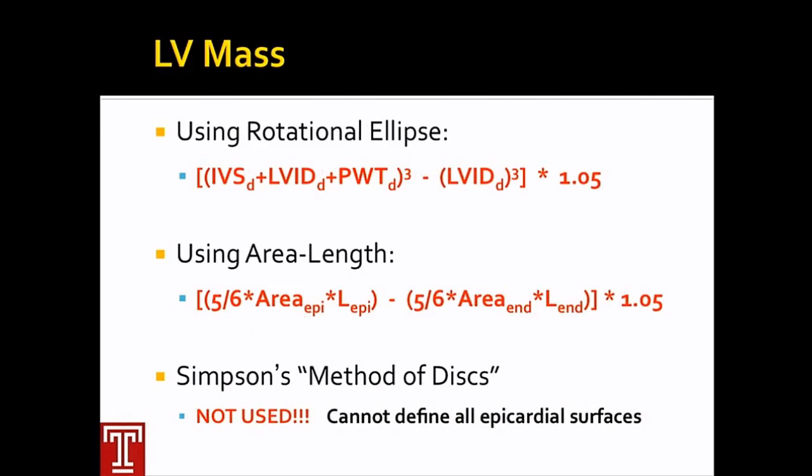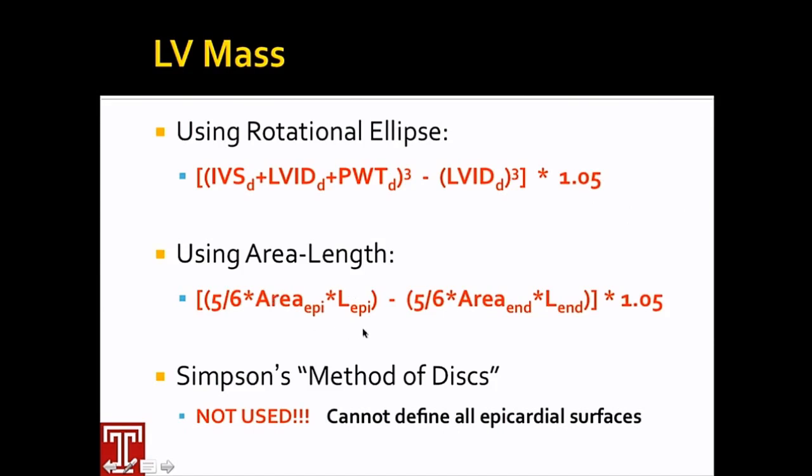Typically, these are done using the rotational ellipse model, and that would be LVIDd cubed as the endocardial volume. And the epicardial volume is then simply the LVID plus the interventricular septal thickness plus the posterior wall thickness, that entire thing cubed, one subtracted from the other and then multiplied by the specific gravity of muscle.